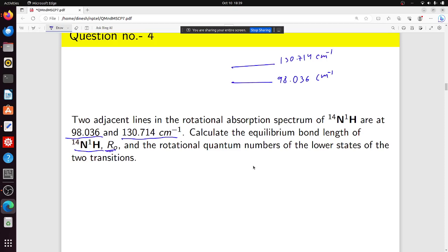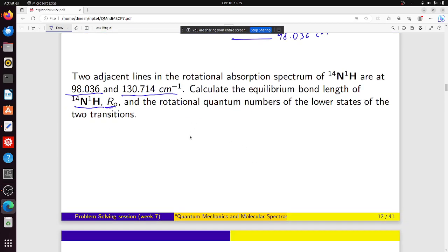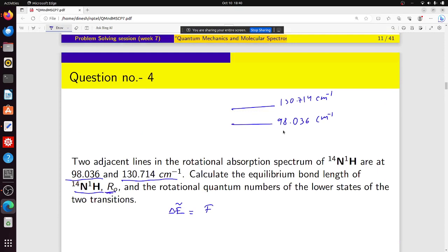Okay, now we know this energy difference, let's denote it by delta E. This is not the state j equal to 0, and this is not the state j equal to 1. It's some state which is given with energy in terms of length inverse to be 98.036 and 130.714.